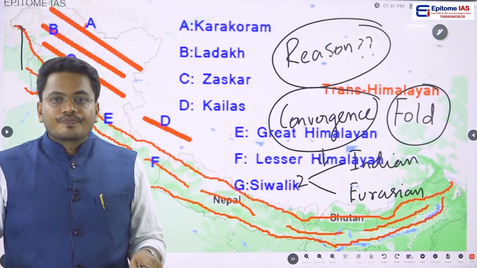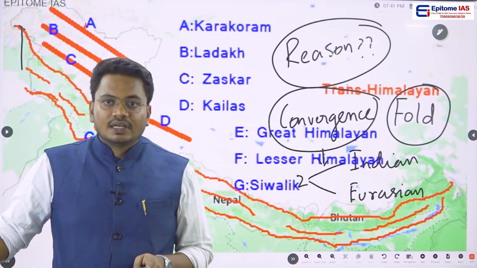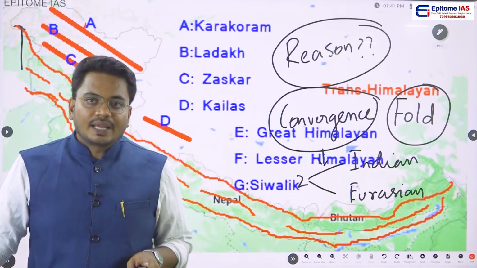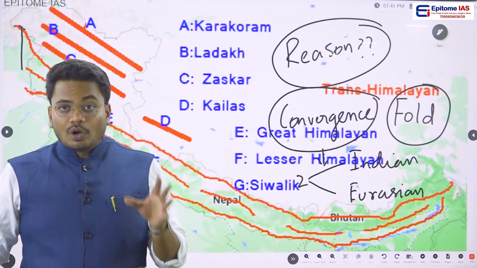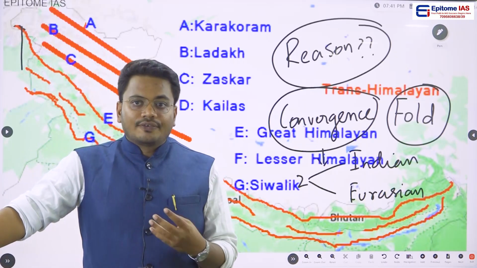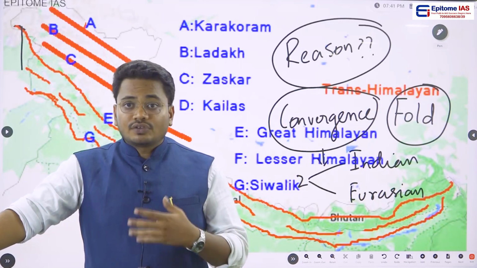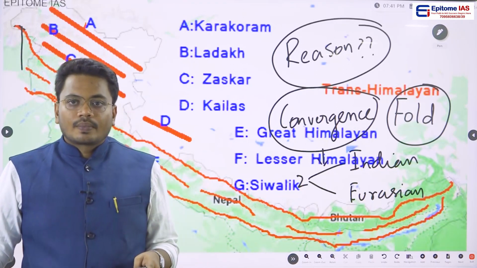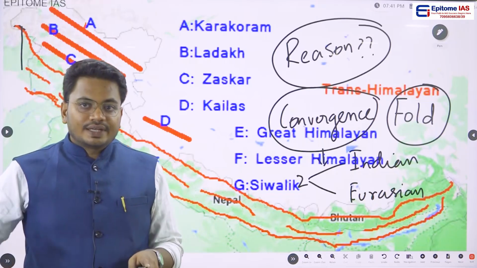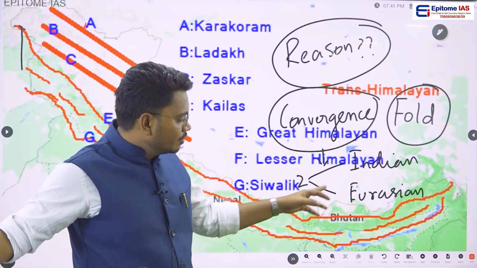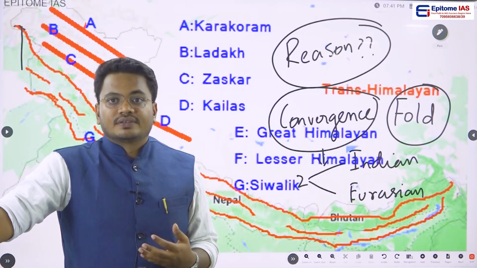This Himalayan mountain is the youngest fold mountain, formed in recent time. Now, what about block mountains? Block mountain is formed because of the divergence of two continental plates, right? Since the Himalayas were formed because of convergence, we call the Himalayan mountains fold mountains.